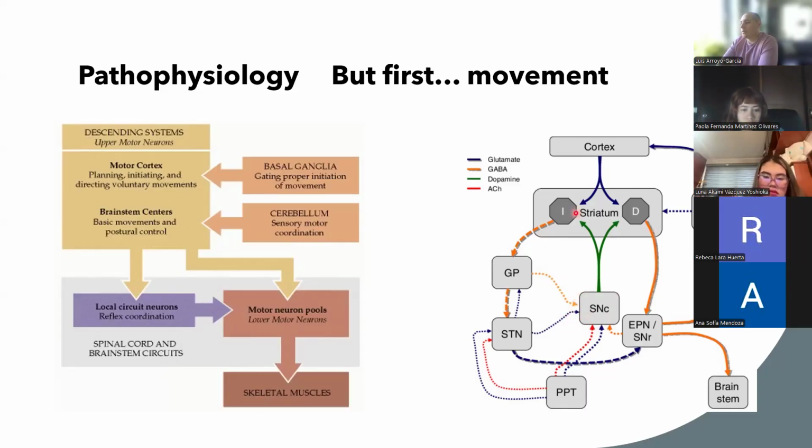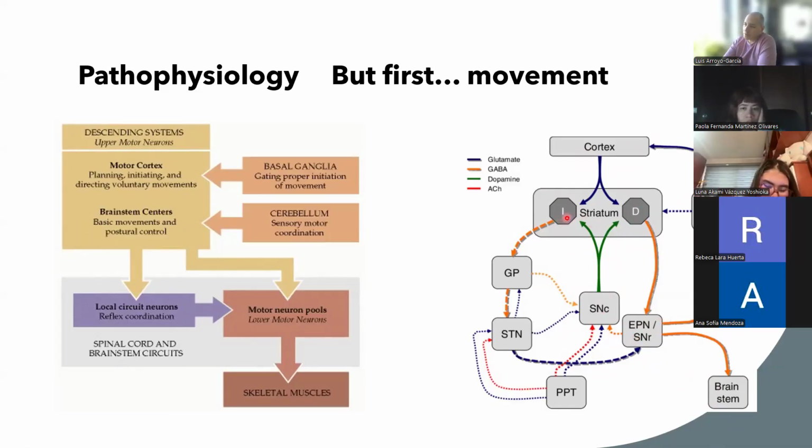And here we have the indirect pathway, and then we have the direct pathway. Basically, the direct pathway will communicate with the substantia nigra reticulata. It will communicate with the thalamus, and it will activate the cortex, and then this will go to the brainstem, and then we will have the movement.